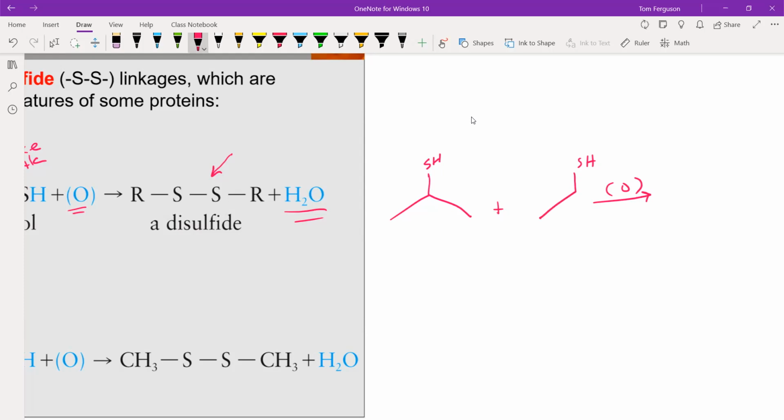so we have a 3-carbon backbone, 2-carbon backbone. When we oxidize these guys, now I'm going to flip this like this.